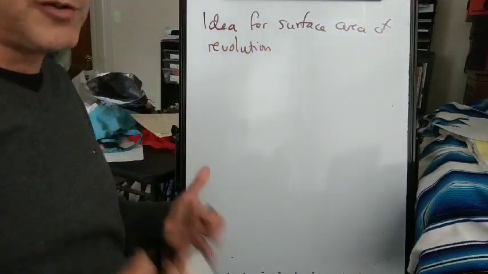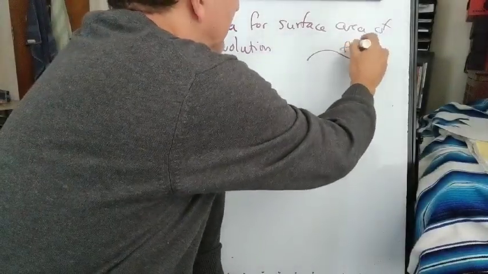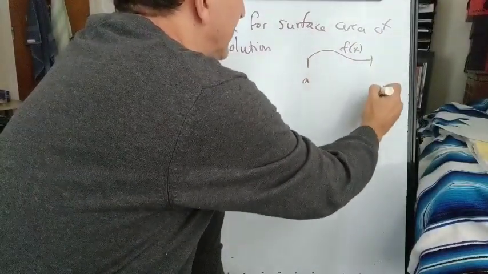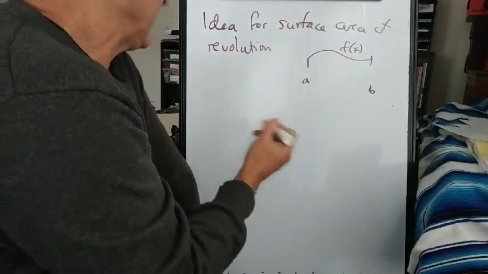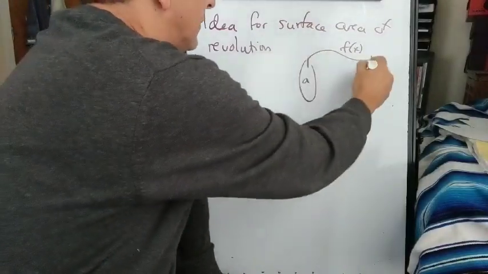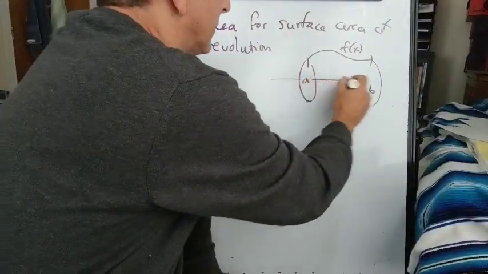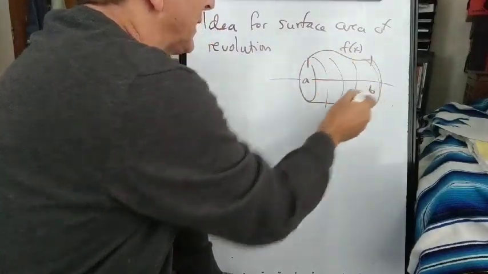So the idea for our surface area of revolution, that is, we've got this function f of x from a to b, and we're going to rotate this around the x-axis. Rotate it there and see how much surface area we get.